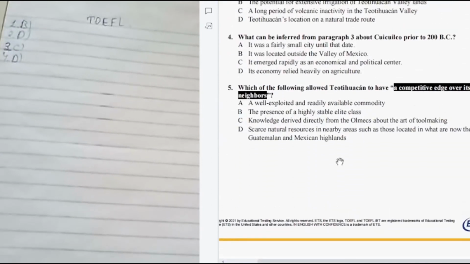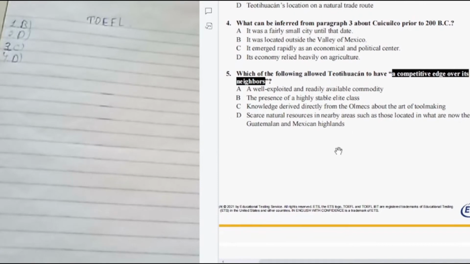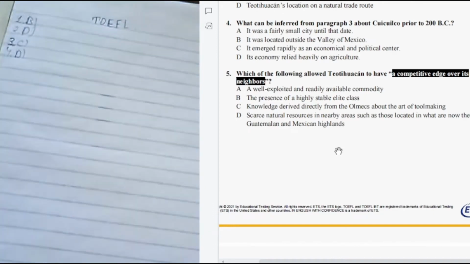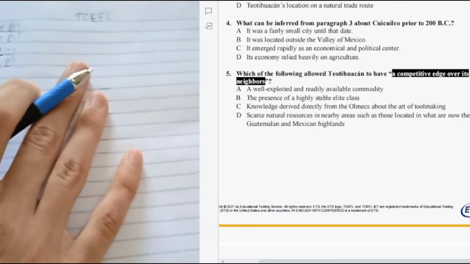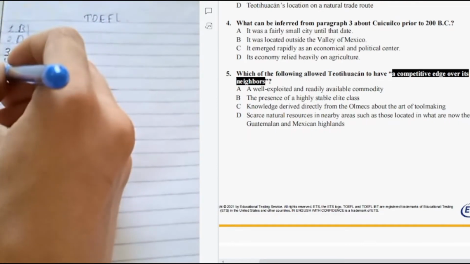I think that it can be the presence of a highly stable elite class. It is B.